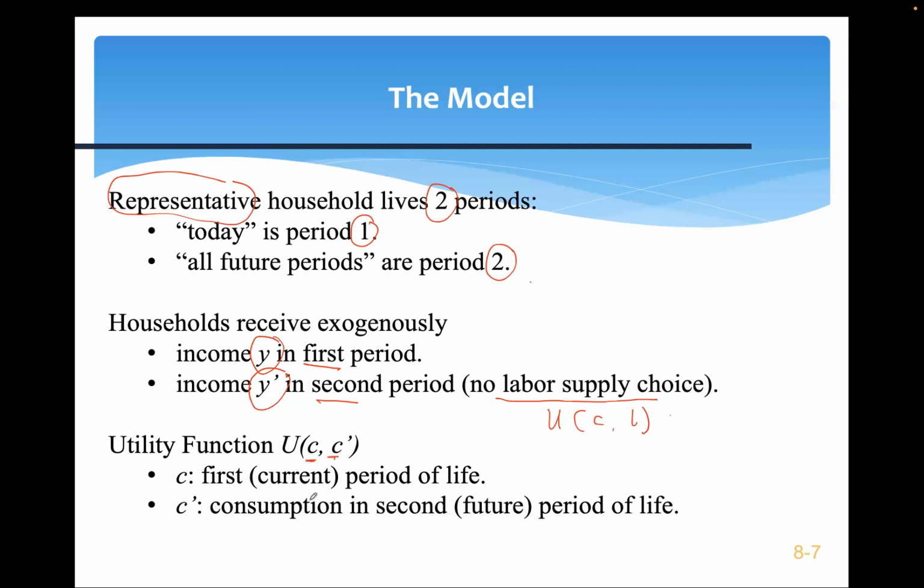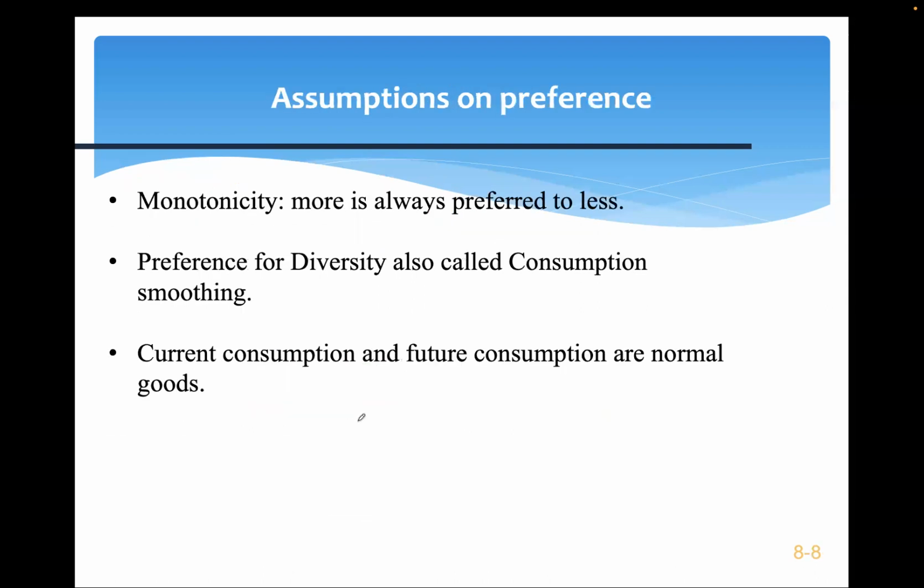C is the current period consumption, and C prime is the consumption in the second period, or the future period. So it cares about today and tomorrow. Regarding the preference, U of C and C prime, this is a preference: how you rank all possible consumption bundles, of different quantities.